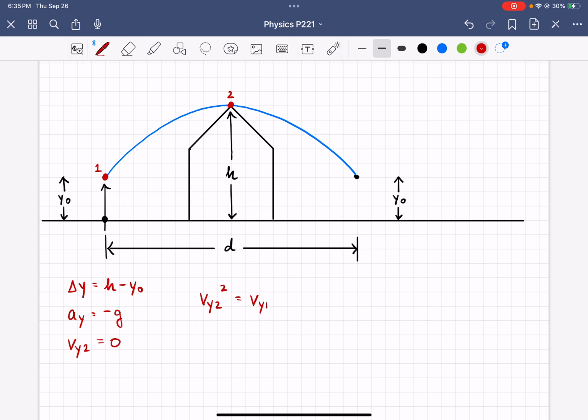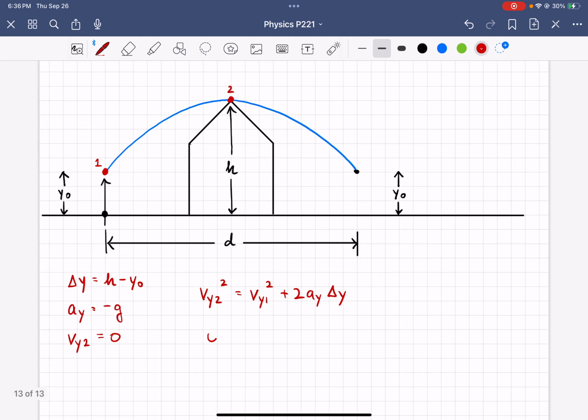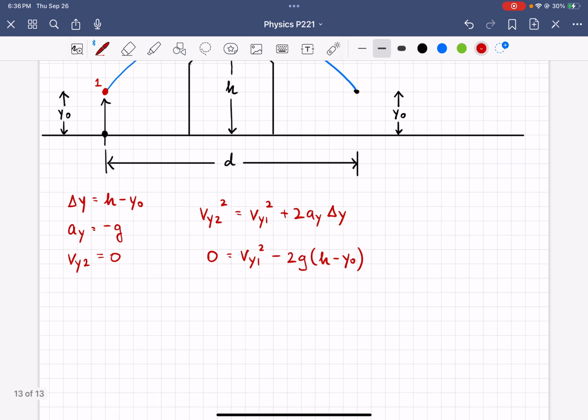So when I plug in everything that is known, that becomes 0 is equal to vy1 squared minus 2 times g times the quantity h minus y sub 0. So that means the y velocity must be the square root of 2 times g times h minus y sub 0. Okay, so I know what the initial y velocity of the object must be.